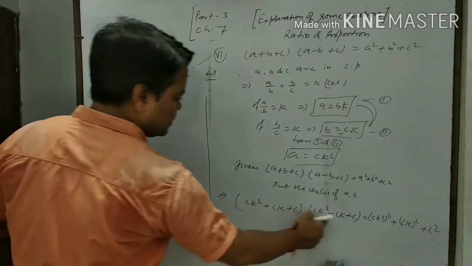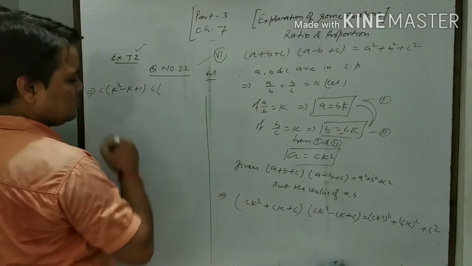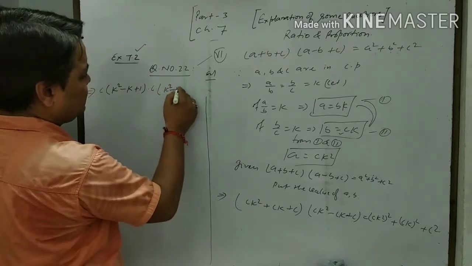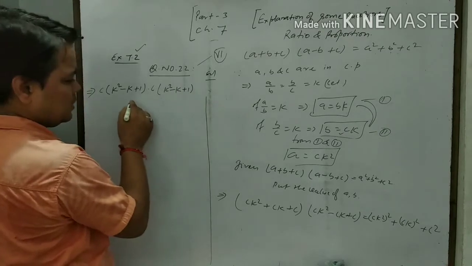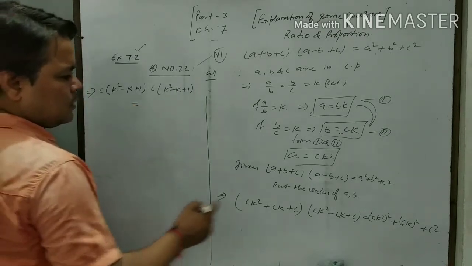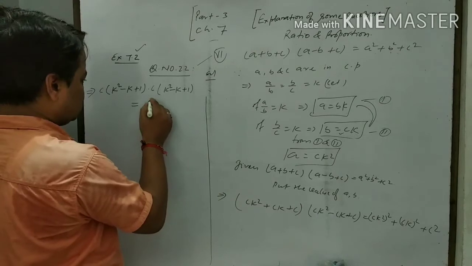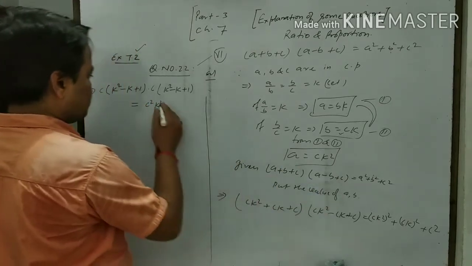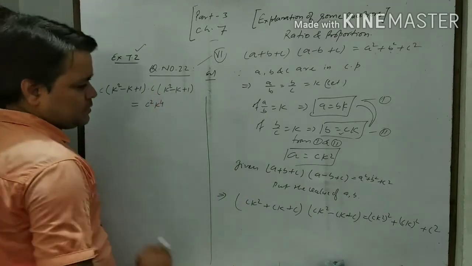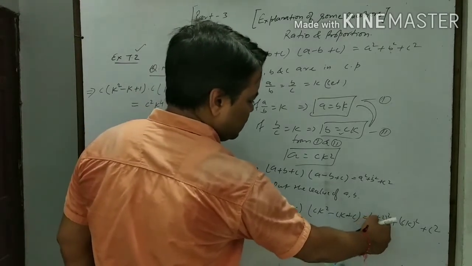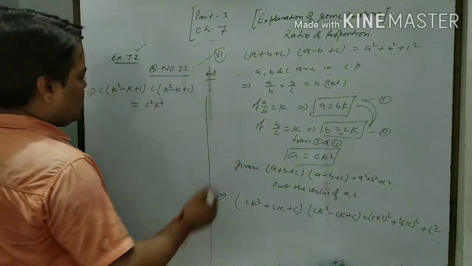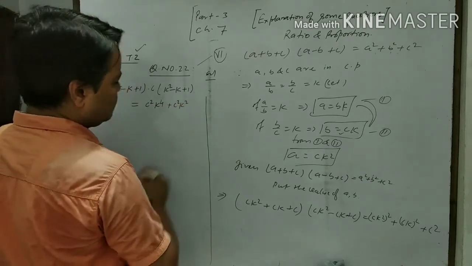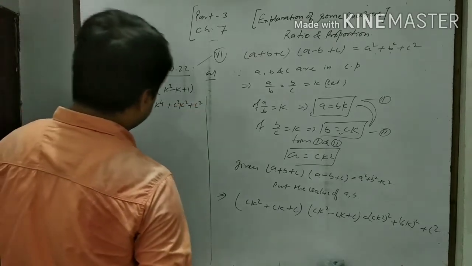And again take C common from here: C, it will be K square minus K plus 1, is equal to C square K raised to the power 4, because CK square whole square, and plus C square K square plus C square.